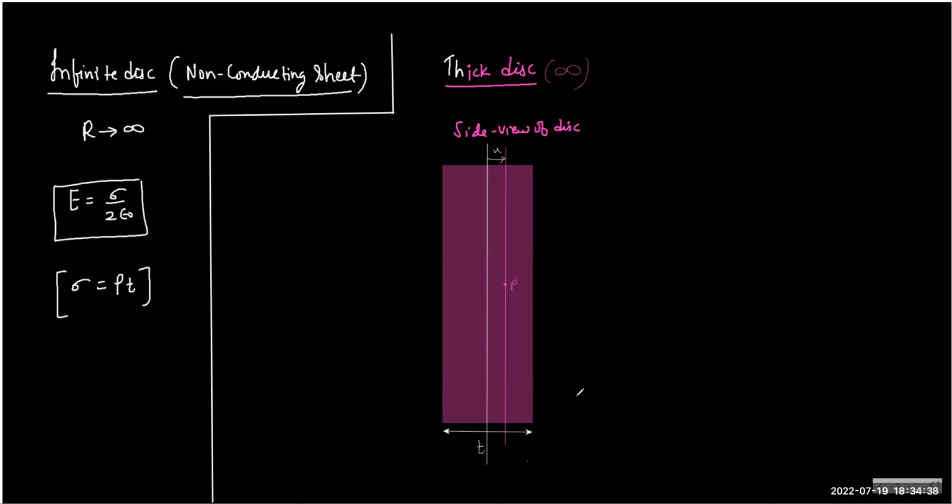So I'm assuming this is a thick disk, but infinitely large. It's an infinite disk. And what you're looking at is the side view. Okay. So actually the disk is like this. You can understand. Now the question is, what is the electric field at the point P?